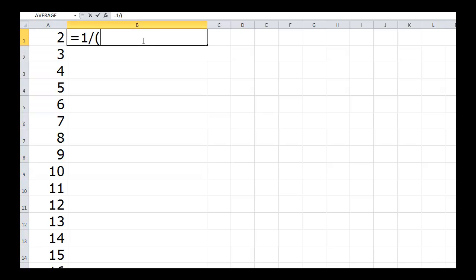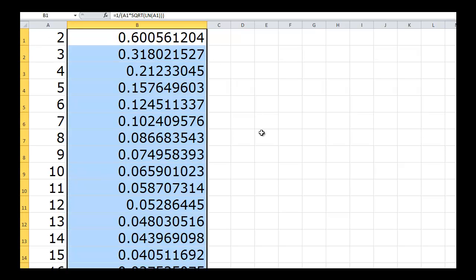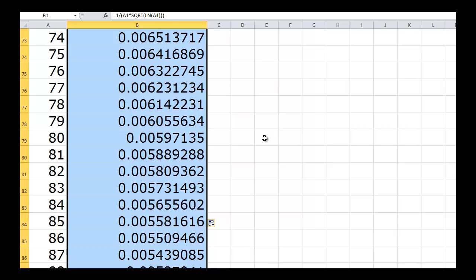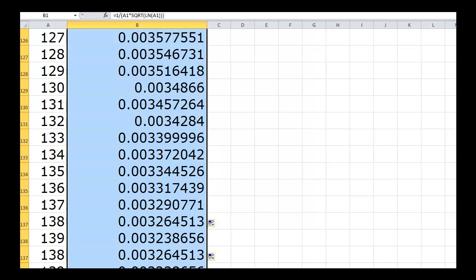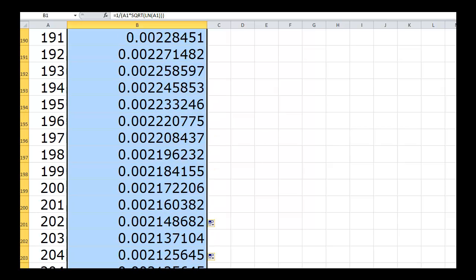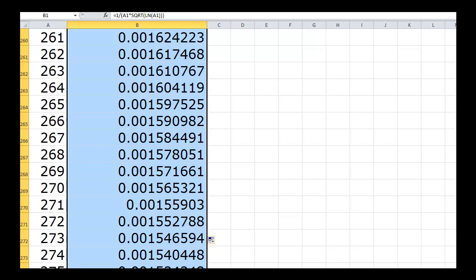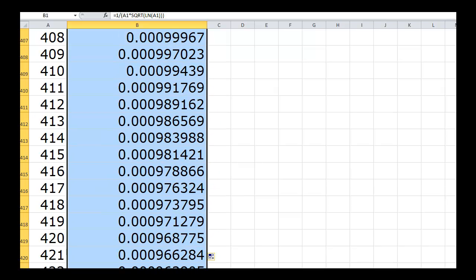We have 1 over this quantity times square root of the ln of this quantity. And then let's scroll down.